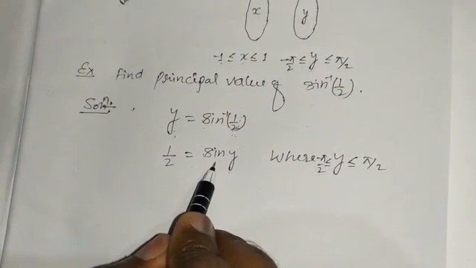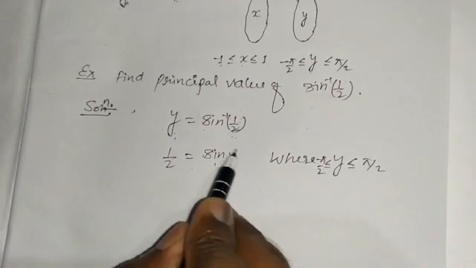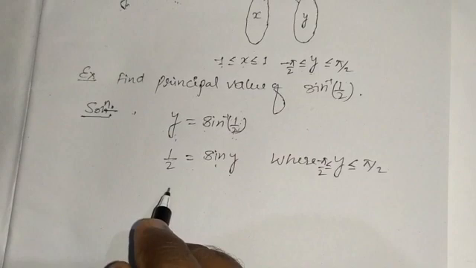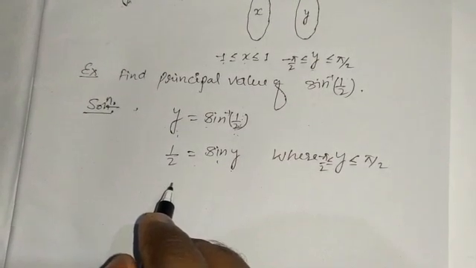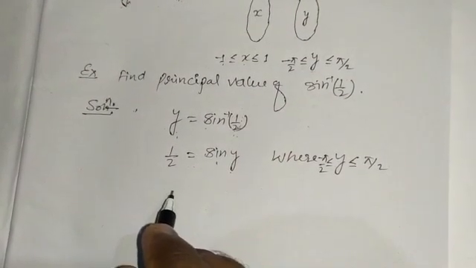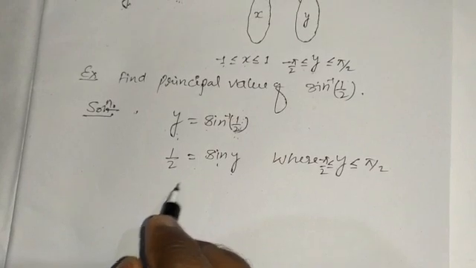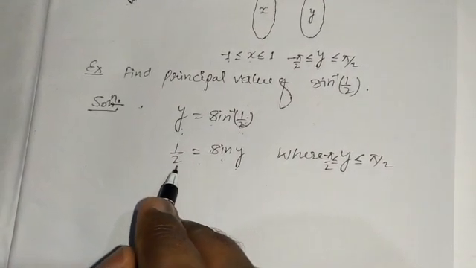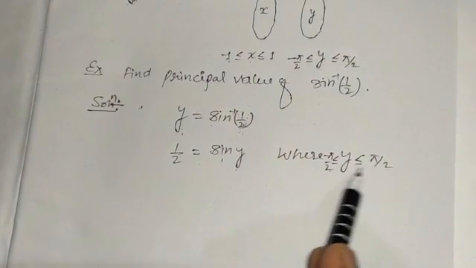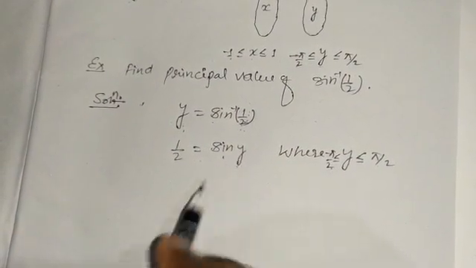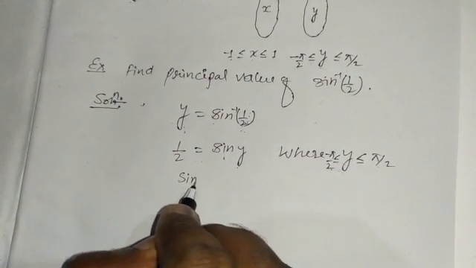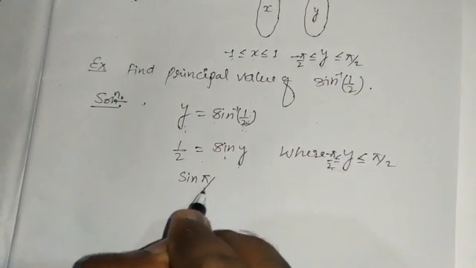For that, the value of sine y is 1 upon 2. How do you find it? Remember the table of class 11, which you also learned in class 10th. For what value is sine equal to 1 upon 2 in this range? The value of y will be 30 degree, so you can write sine π/6.